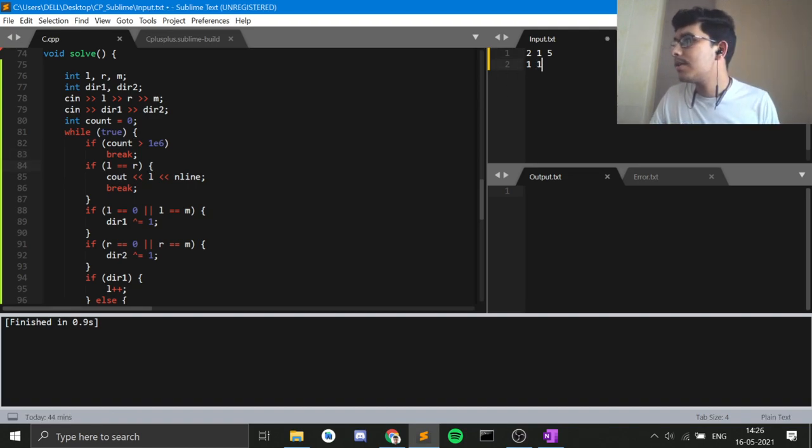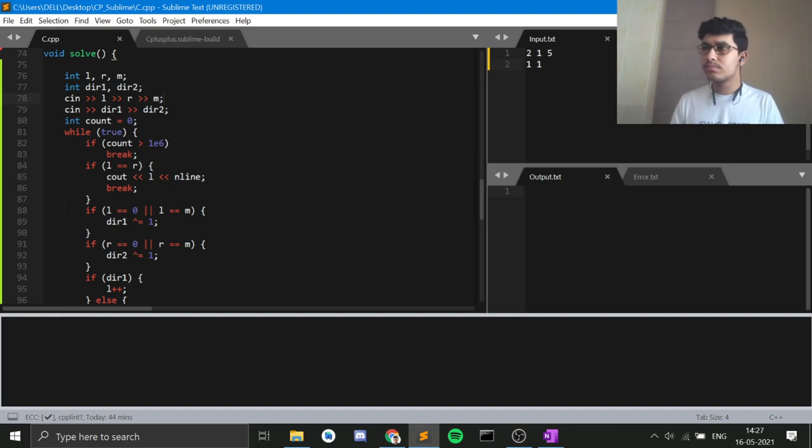Let's see if they are moving in the same direction and there is a collision, and there is no collision again. So if I consider 1 and 3, and the first one is moving this side and the other one is moving here, let's see if there is a collision. Yeah, there is a collision. So there is only a collision if they're of same parity, and maybe I should test it with 4.